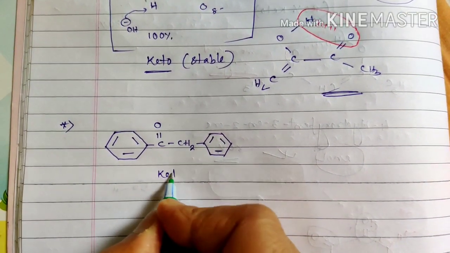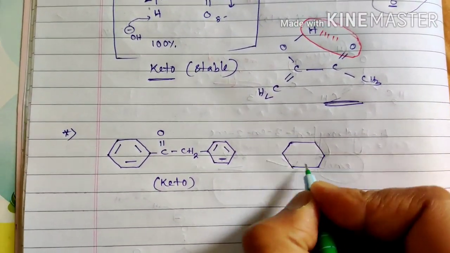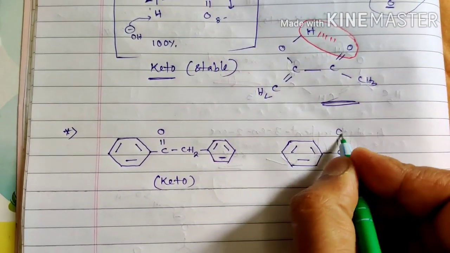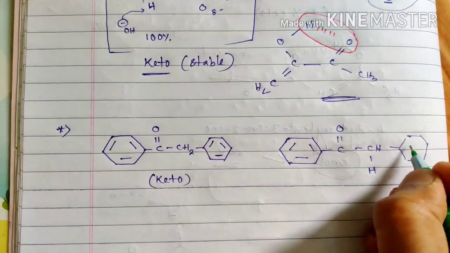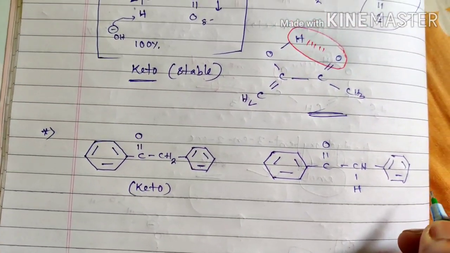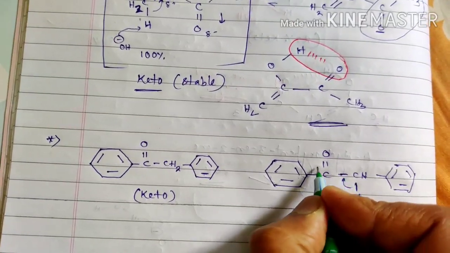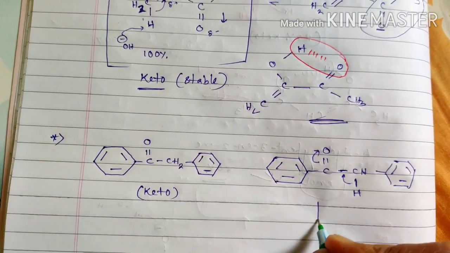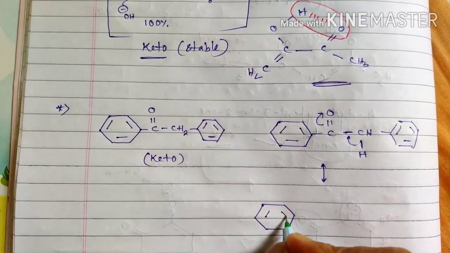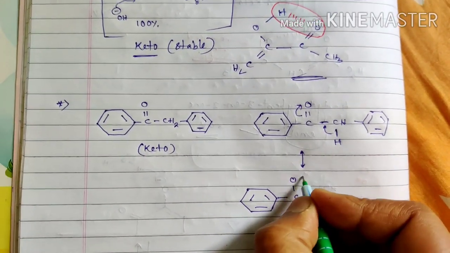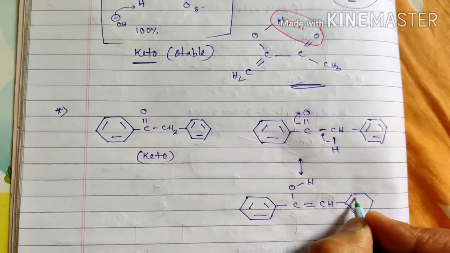We have taken this keto form. If I want to rewrite, this will be C double bond O, CH single bond H, just to make it much easier for keto-enol tautomerism. And now, if this bond goes here, by acid or base catalyzed, whatever, we should be able to write OH, CH, this one.